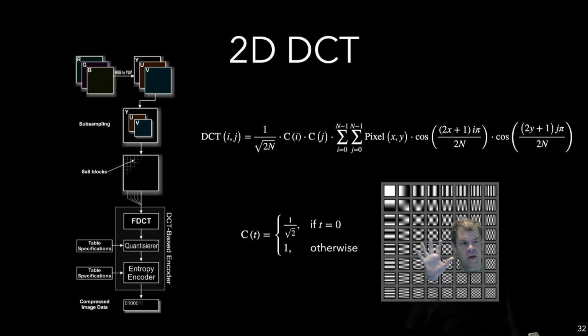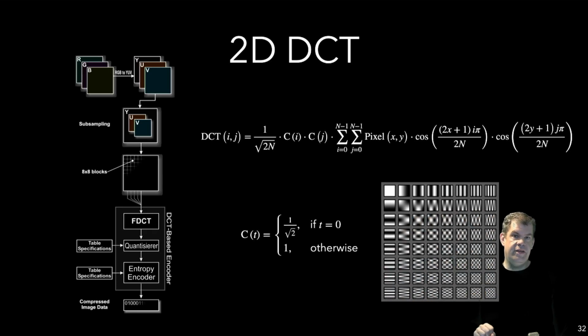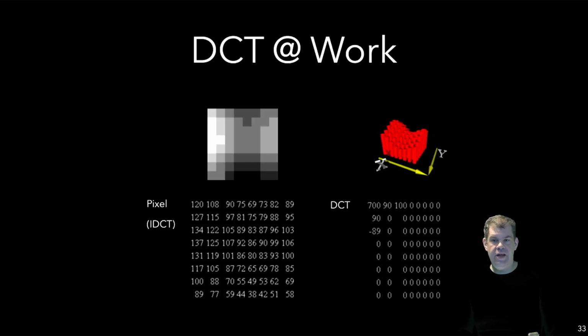So what this transformation does is take the original brightness distribution and take it apart into its frequency components. Here's an example of that. On the left is some random 8x8 brightness distribution, here also shown as a height field, and then this is the DCT.